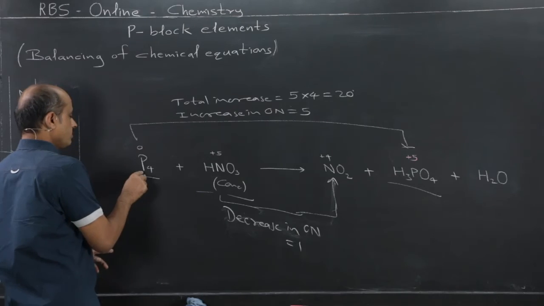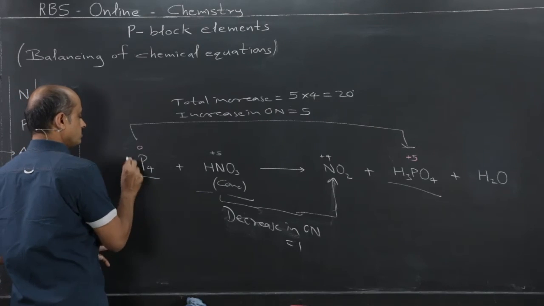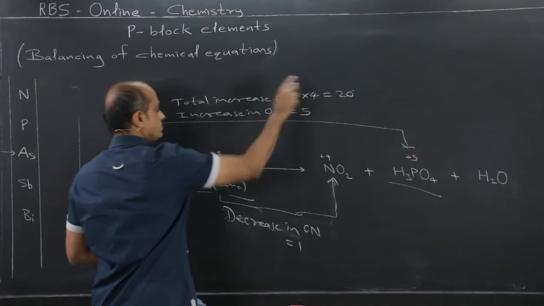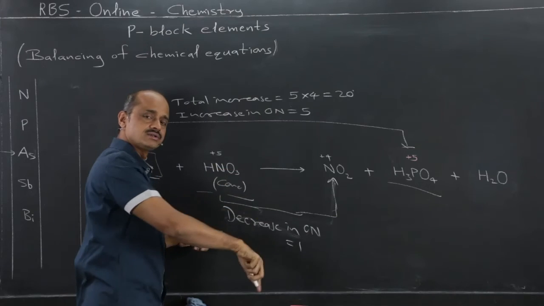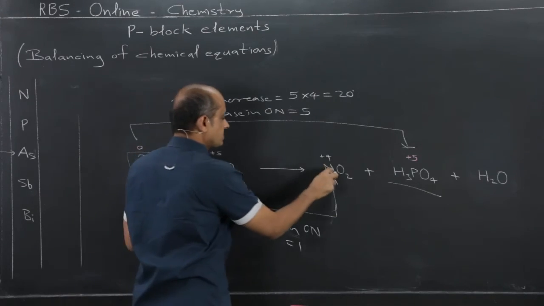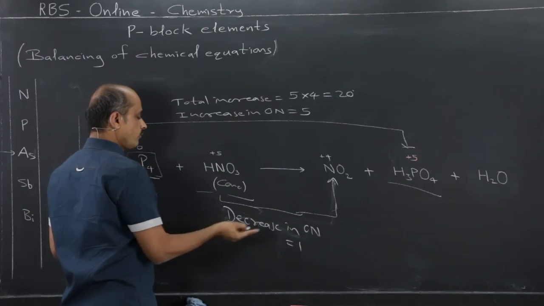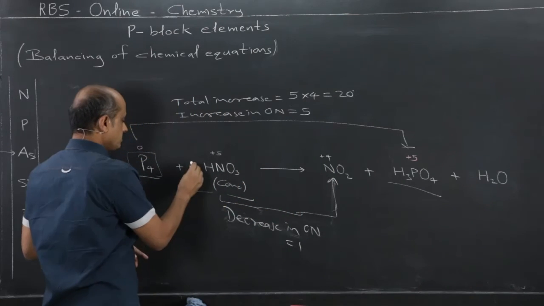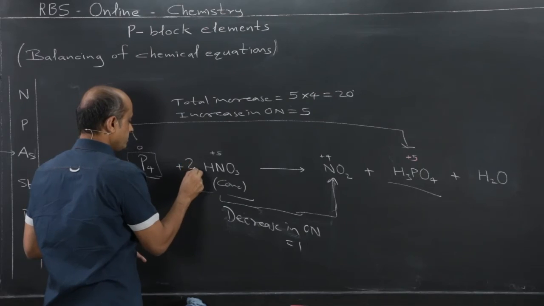And therefore, 1 molecule of phosphorus, P4, total increase is 20. For total decrease in oxidation number to be 20, here plus 5 changes to plus 4. So for total decrease to be 20, the coefficient here should be 20.